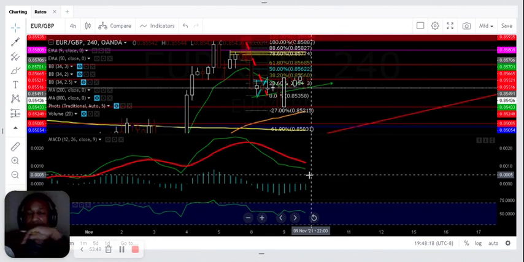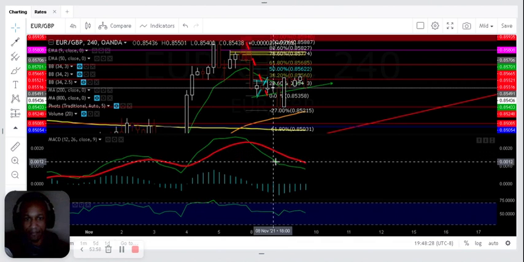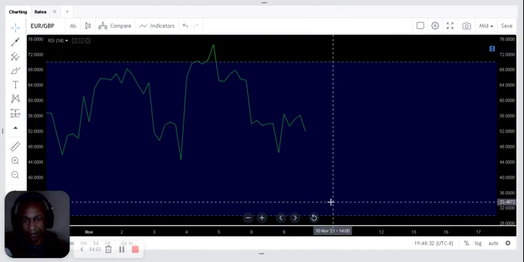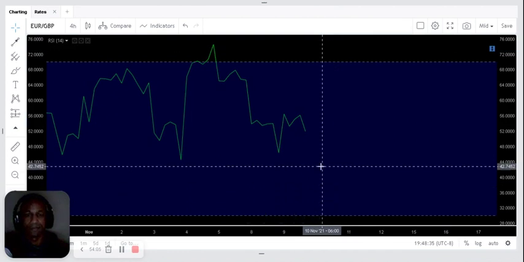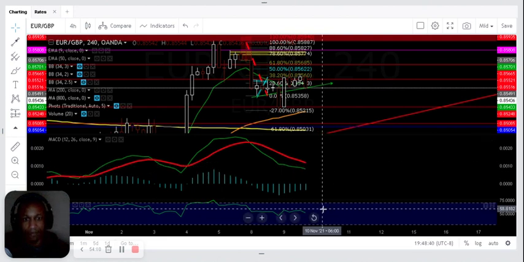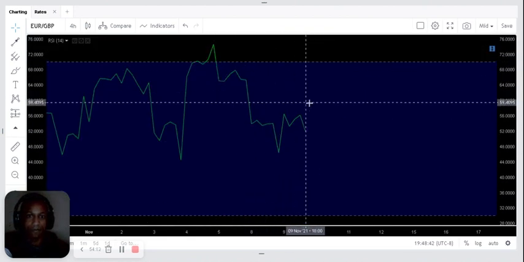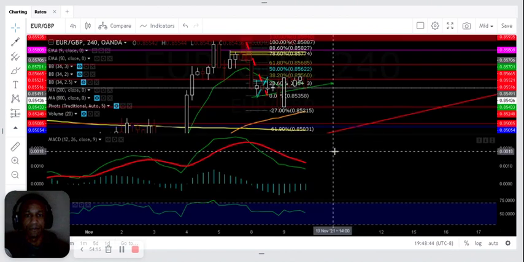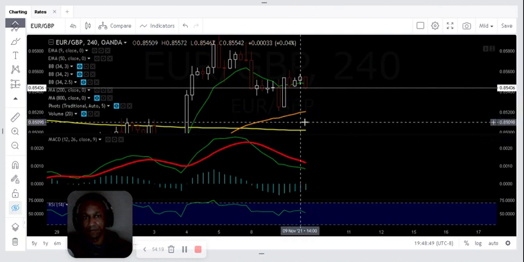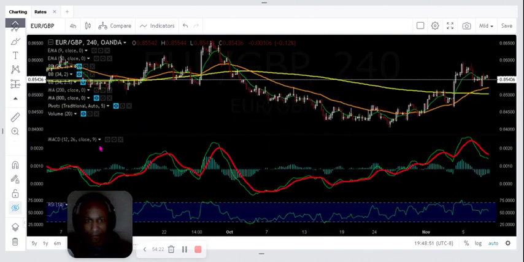Now I'm getting confused because one of my teachers only uses the RSI. They don't use the MACD. But from the looks of it, it's divergence on the MACD, but not the RSI. Well, let me think this out. Is it downward? Hold on. You zoom out.